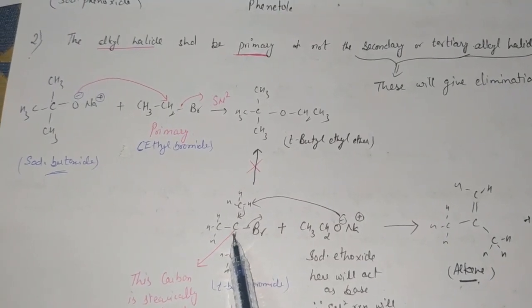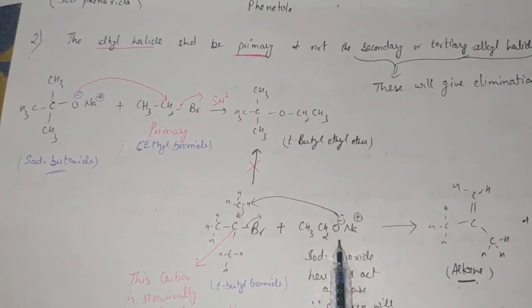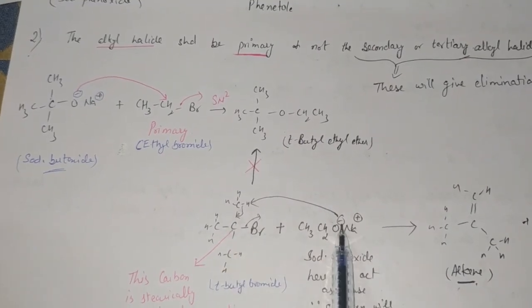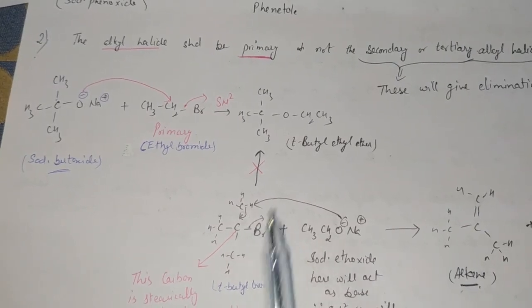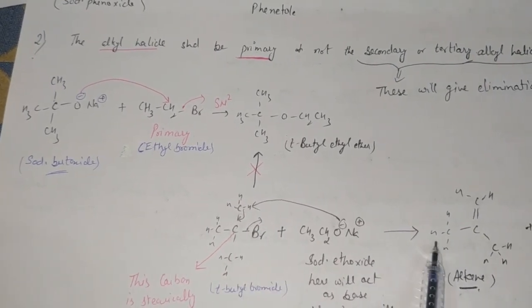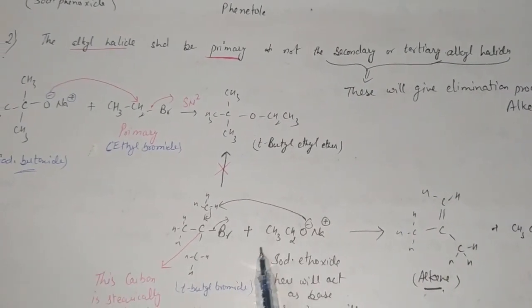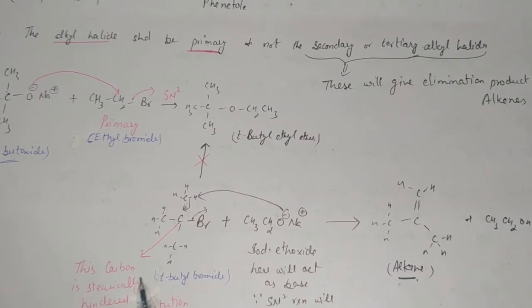It is so sterically hindered that the alkoxide ion will not attack this carbon. Instead, it will abstract a proton from this carbon, and the alkene product will be the major one, and the sodium ethoxide will form ethanol as a side product.